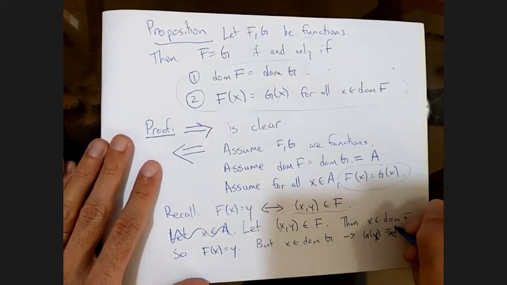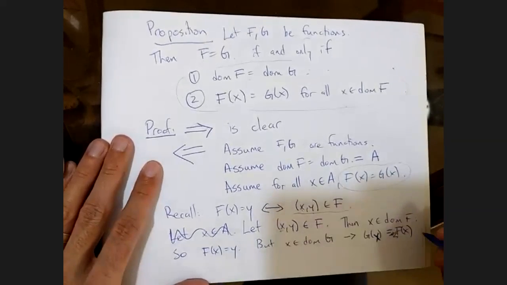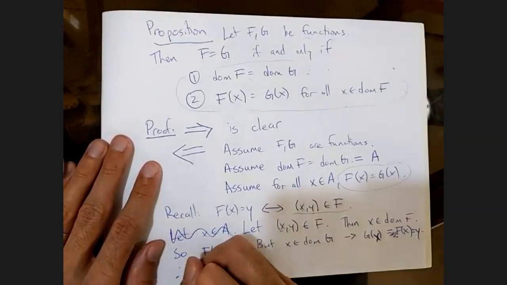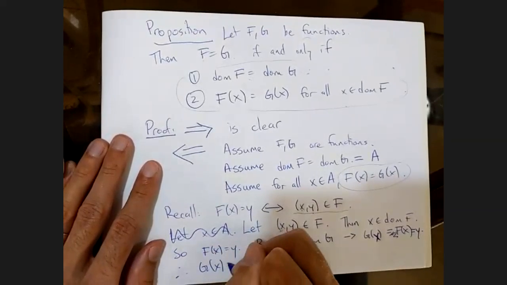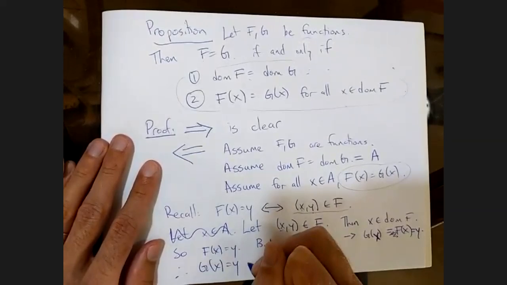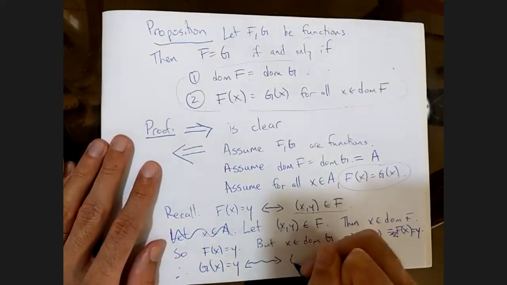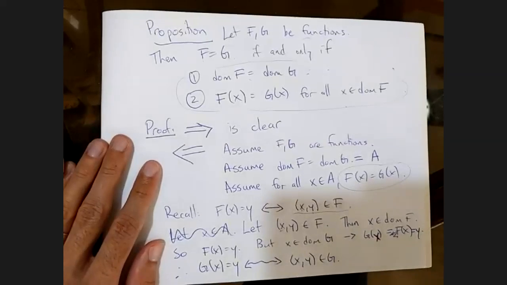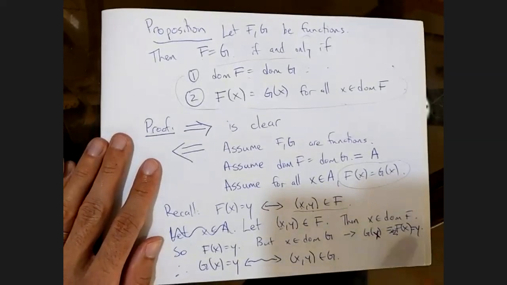So g of x equals f of x, and f of x equals y, so we have a y. Okay, therefore you can say that g of x equals y, and that is just another way to say that x comma y is in G. Okay, so we have shown that if xy is in F, then xy is in G.